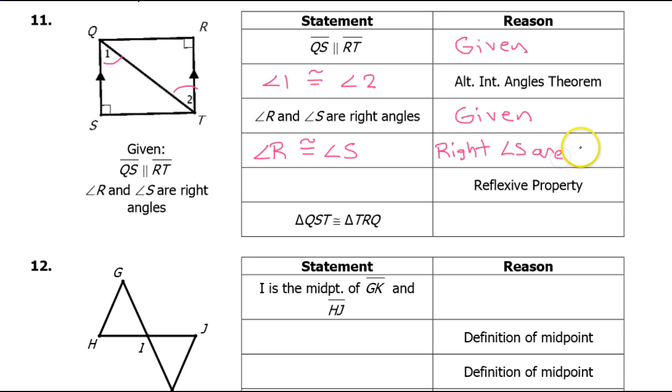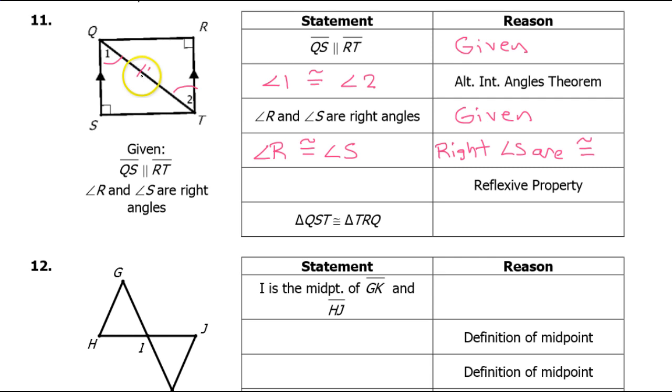All right, and I know that seems obvious, but you have to spell it out. Okay, so fine. They're already marked, so I don't have to mark them. Now, the next thing that's not marked is the shared side QT.